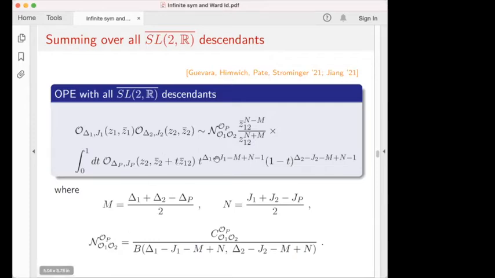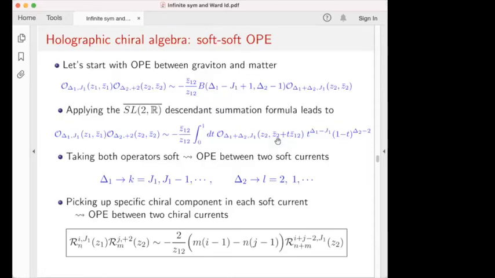Here especially, we see that C becomes N, and we have this kind of integral. With all these ingredients, we can now derive this holographic chiral algebra, which arises from this subset of OPE. We start with the operator OPE between graviton and matter. Here, this is a graviton operator, and this is a matter operator.